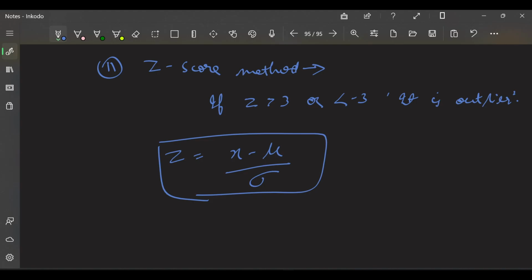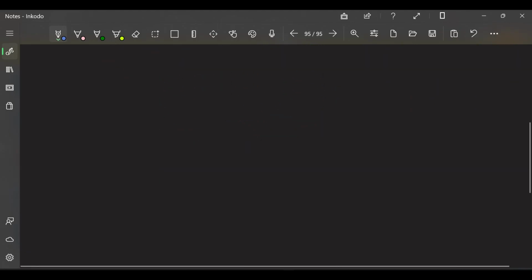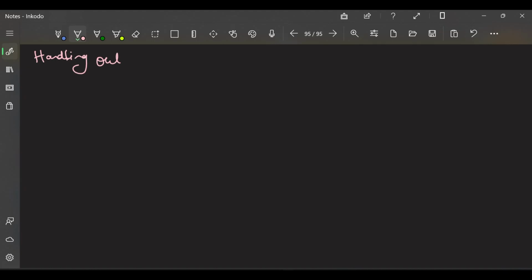So moving further, like handling outliers. The next topic is handling outliers. If there is an error, remove it.